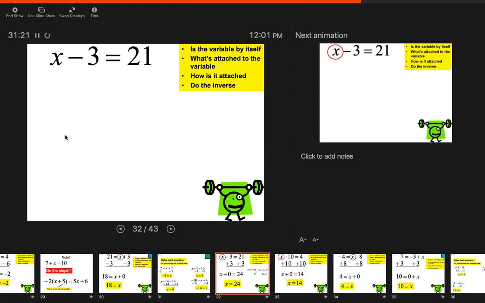Nathan, where's the variable, left or right side? Okay, is it by itself? What's attached to it? How's 3 attached to x? How do you get rid of subtraction? So what are we going to add to both sides?